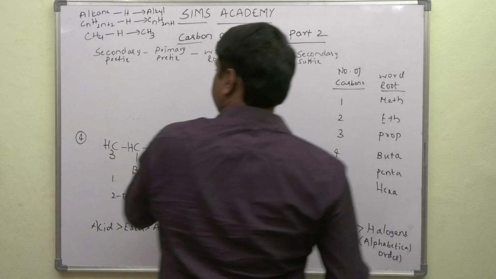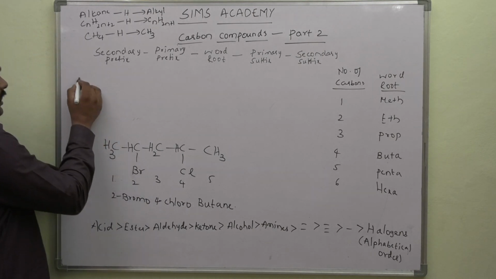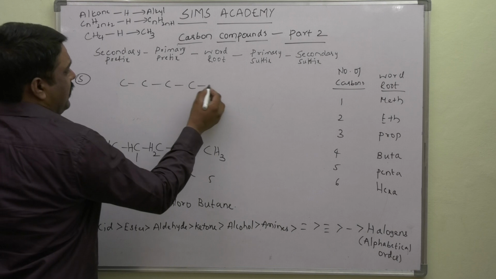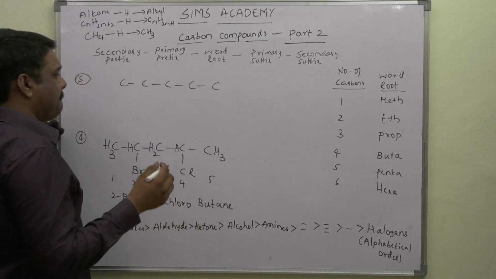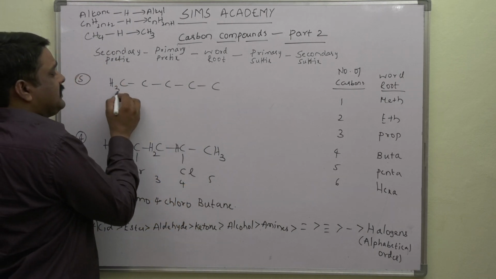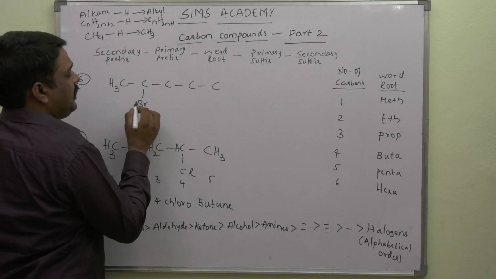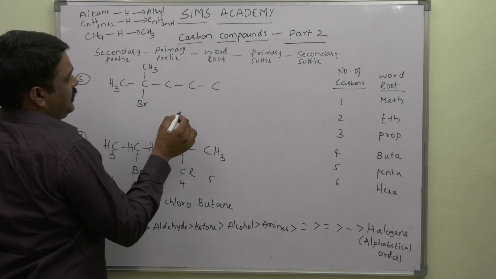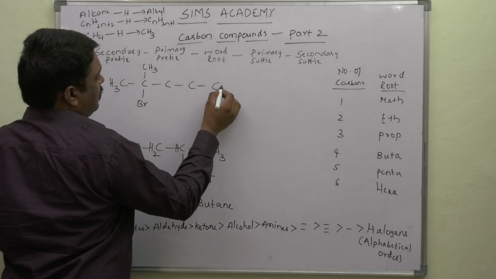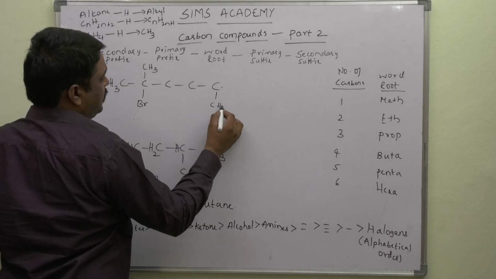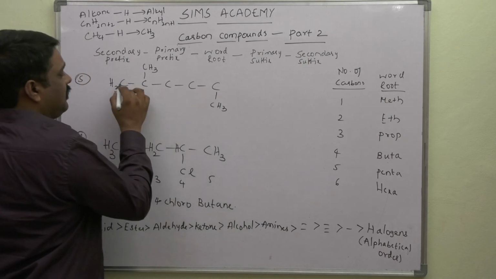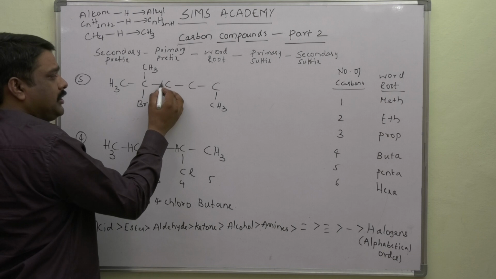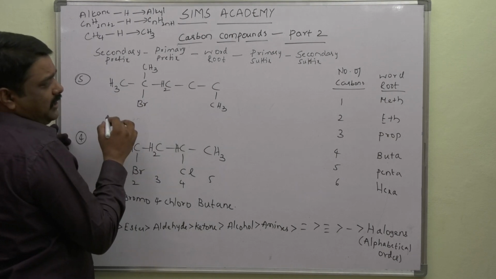Fifth one. Carbon, carbon, carbon, carbon, carbon. H3, bromine, H3, CH3, another CH3 here. 1, 2, 3, 4 bonds, only 2 bonds remaining are filled with hydrogens.